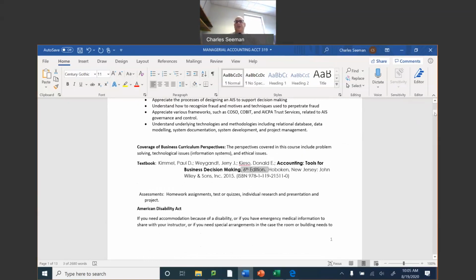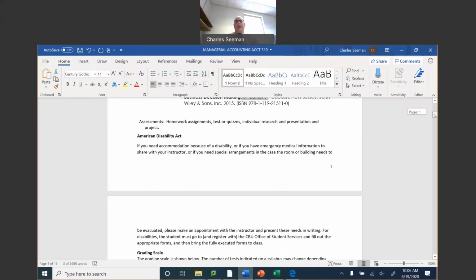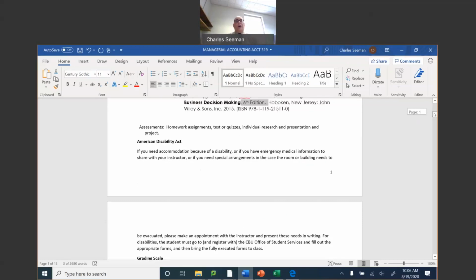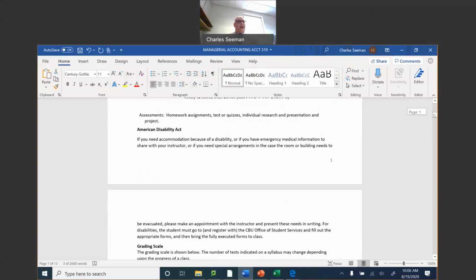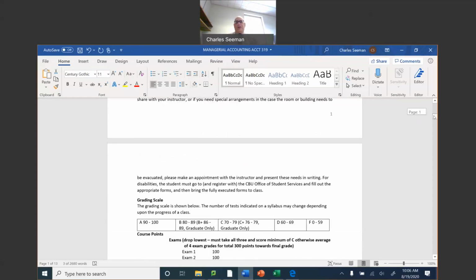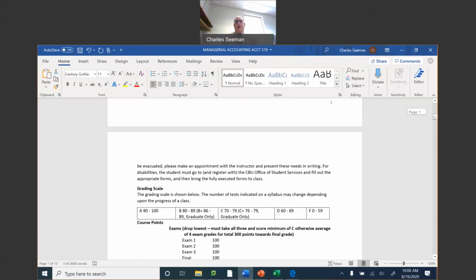Officially, we're using the 6th edition. But again, if you don't have access to the 6th edition for whatever reason, I can give you the 7th. We'll be following the Americans with Disabilities Act. Anybody who has any kind of needs, please come forward and I will honor all needs as long as they're reasonable.